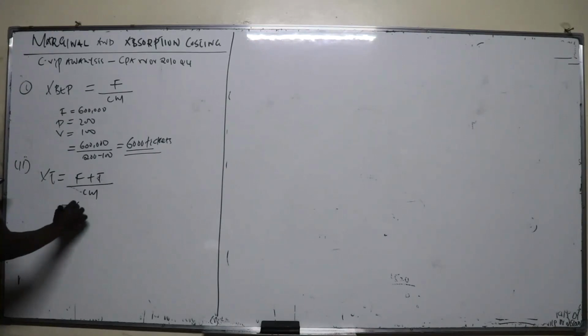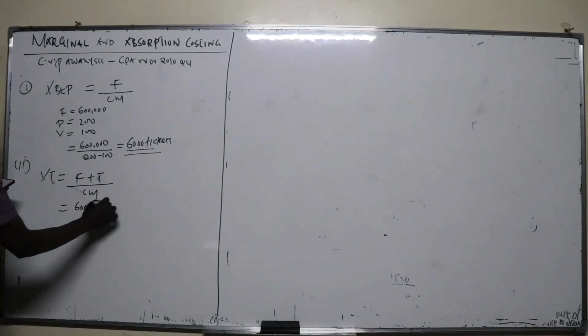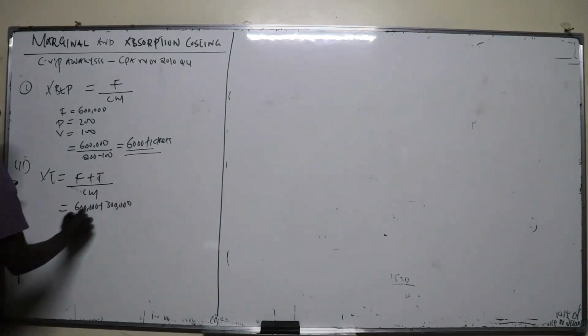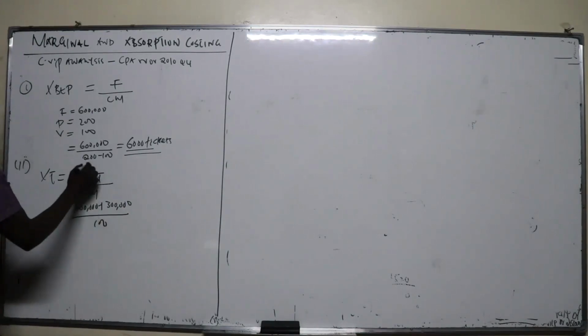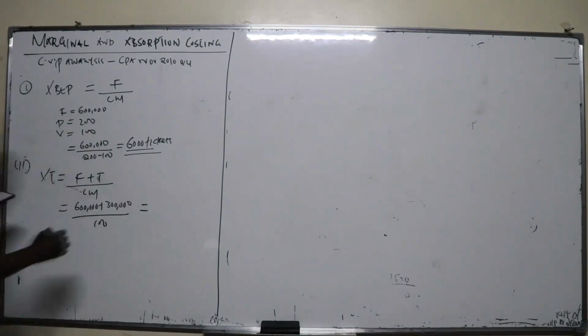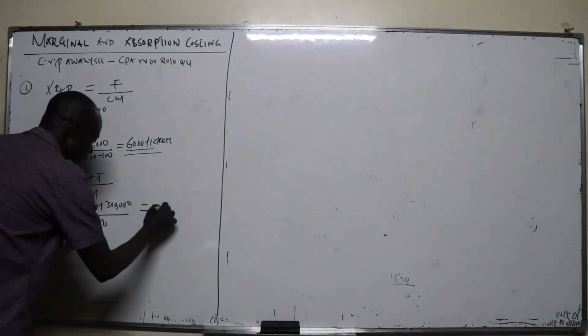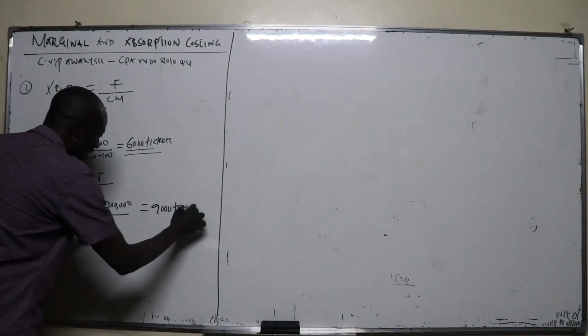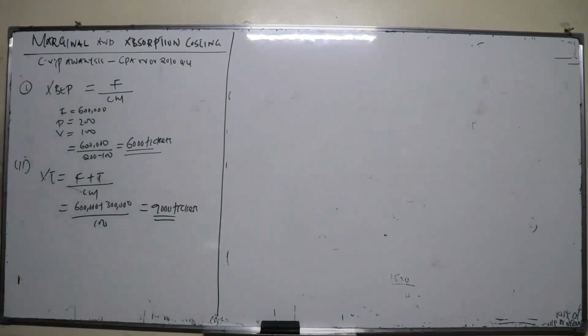F is 600,000, our target profit is 300,000, and our CM is 100, in other words 200 minus 100. So how much do you get? They must sell 9,000 tickets in order to get a profit of 300,000.